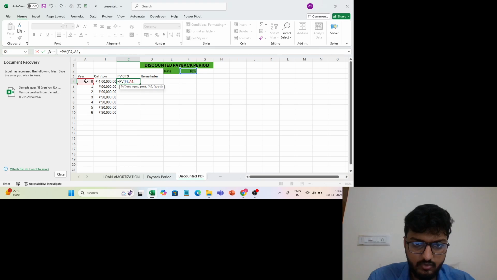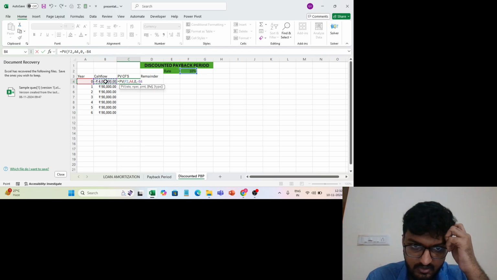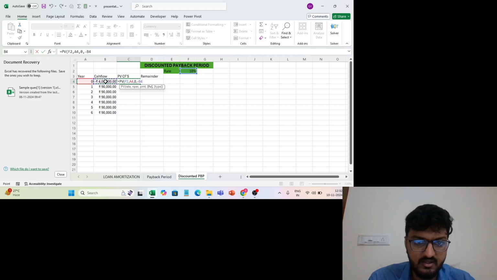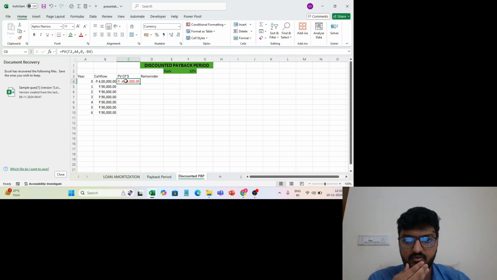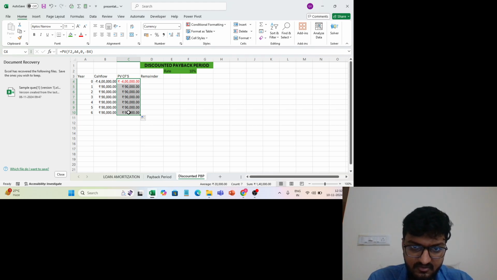You have no PMT, so it would be 0, and the future value would be minus of this amount. If you take plus, the whole value comes in negative, so you don't want that. If you take minus of minus, then it is better.